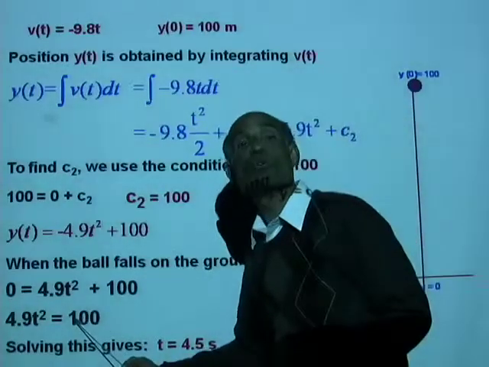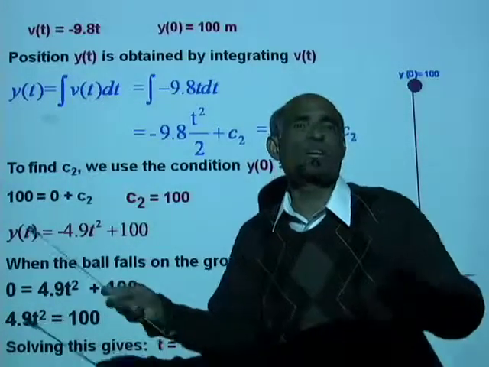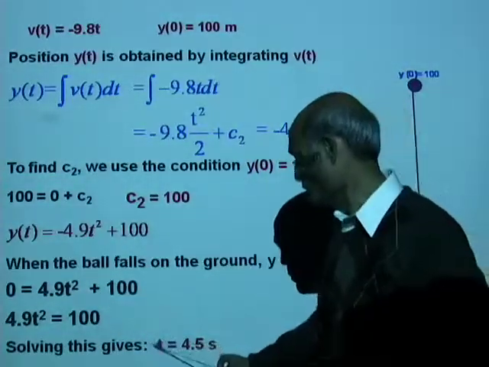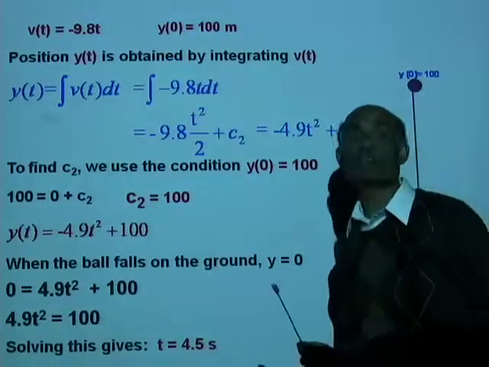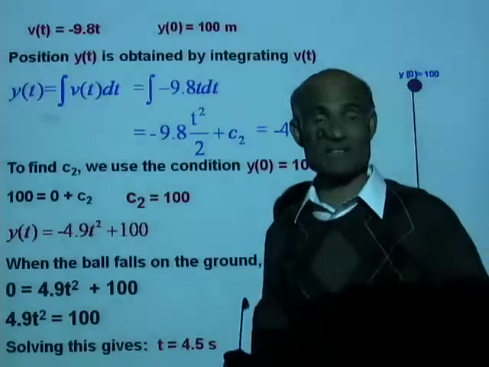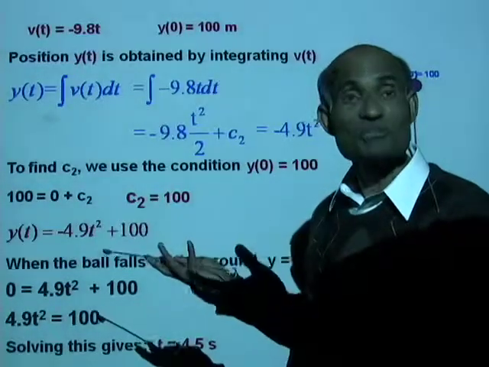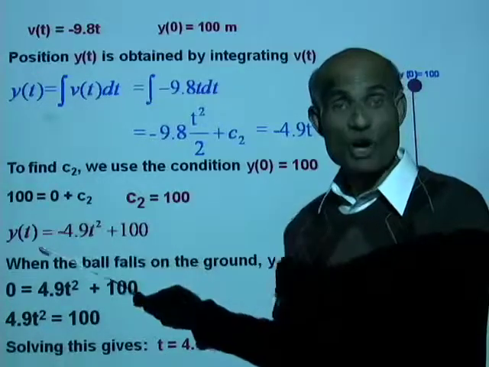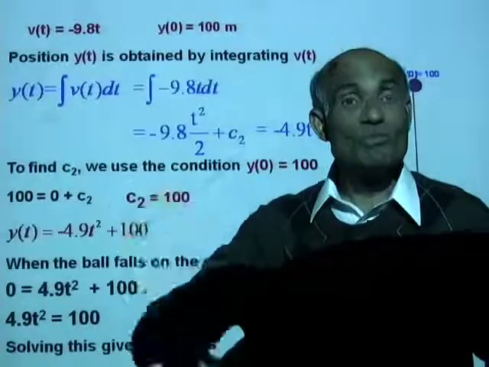Well, it will give you two values of t, one positive, one negative. You don't need the negative values for time. So the ball will fall to the ground in 4.5 seconds. Again, look at that, how neatly we can use the method of calculus to solve fairly complex problems in moving objects.